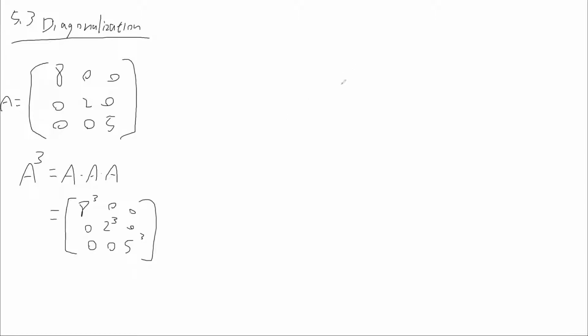All right, so let's look at the definition. A square matrix A is said to be diagonalizable if A is similar to a diagonal matrix. That is, if A is equal to P D P inverse for some invertible matrix P and some diagonal matrix D. So A is similar to D, where D is a diagonal matrix.